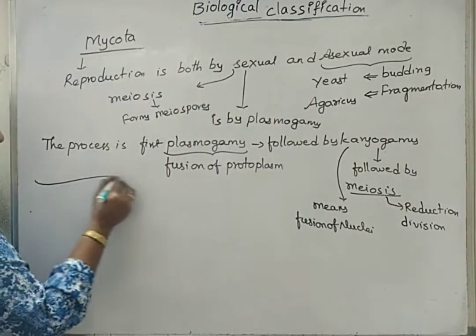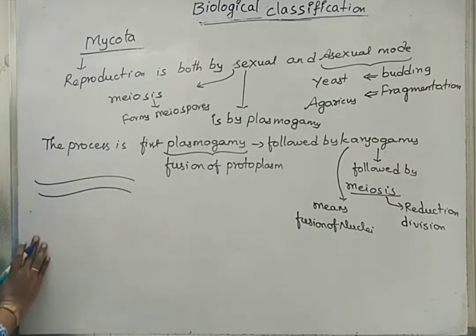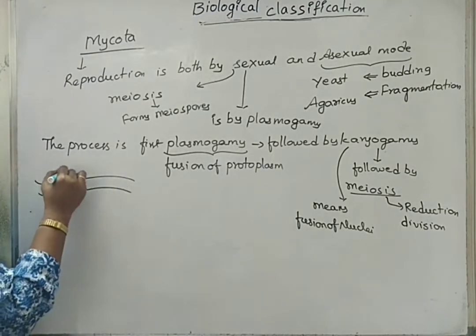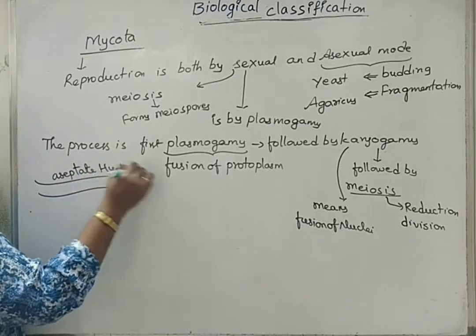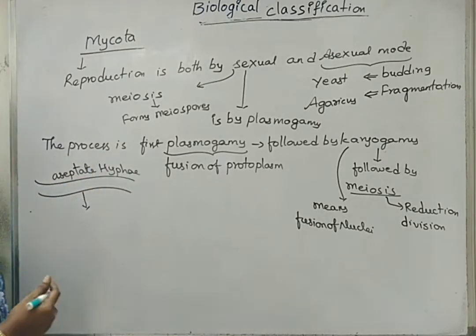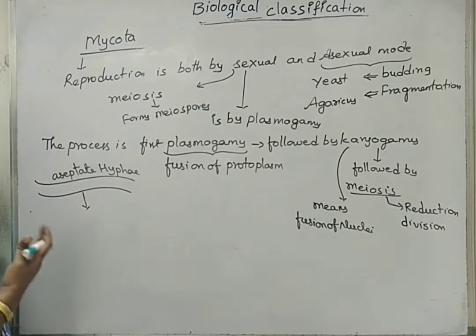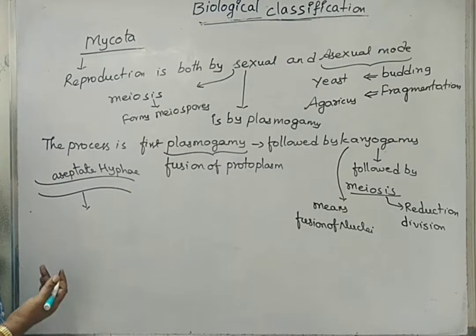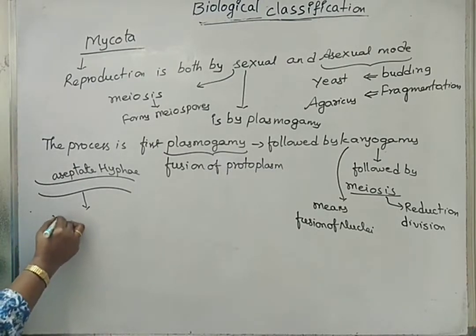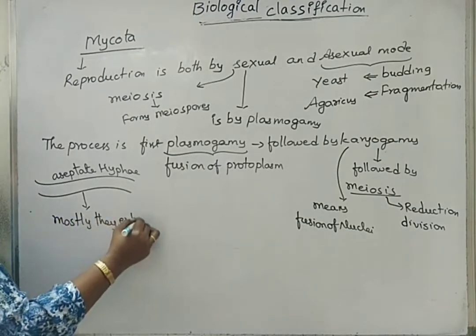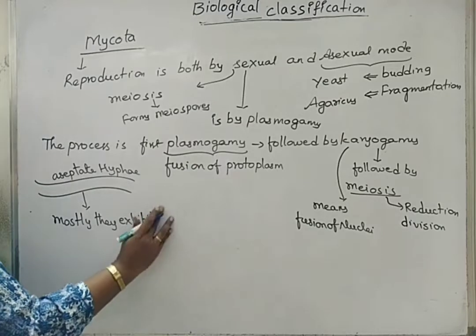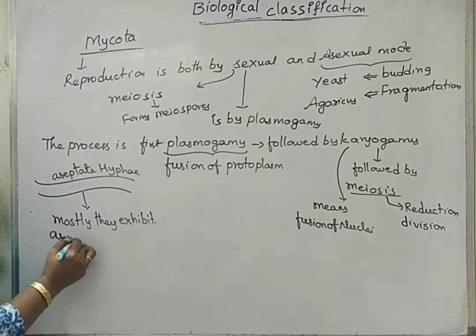We'll see diagrammatically. This is aseptate hyphae. This will give mostly asexual mode of reproduction by production of sporangiophores, chlamydophores, zoospores, etc. So, mostly they exhibit asexual reproduction.